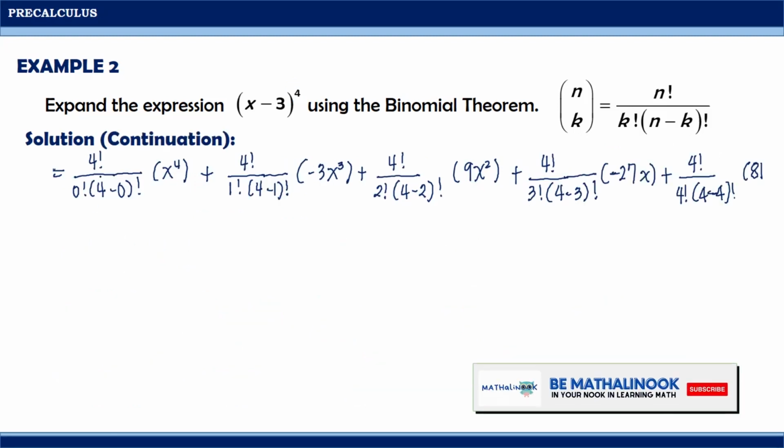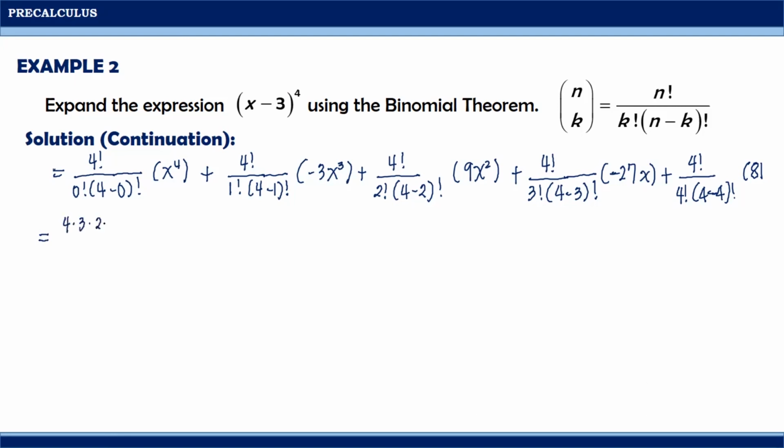Next is to express 4 factorial and the rest of the factorial notations. 4 factorial is equal to 4 times 3 times 2 times 1 all over 0 factorial is equal to 1 times 4 minus 0 is 4 factorial.